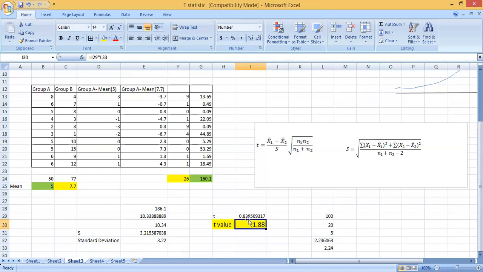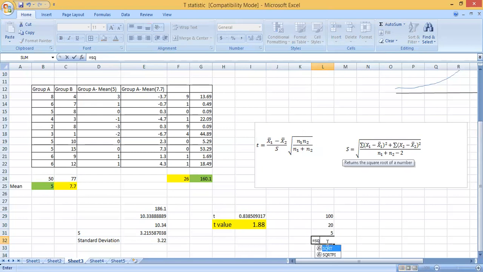Now we have to multiply this part with this part. N1 multiplied with N2, that is 10 multiplied with 10 is 100, divided by 10 plus 10, that is 20. 100 by 20 is equal to 5, and the square root of 5 is equal to 2.236, or 2.24.